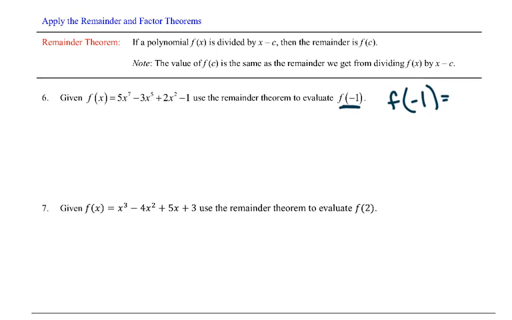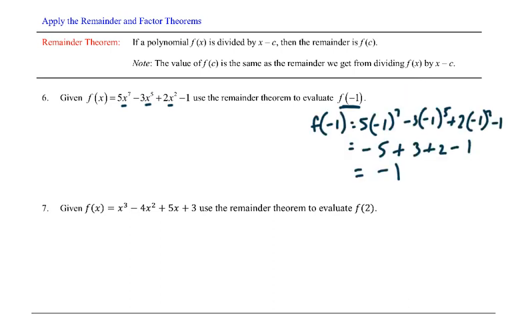I could substitute in -1 into each of these and solve. Let's see what we get. Okay, so I substituted in -1 into my function and solved to get f of -1 equals -1.